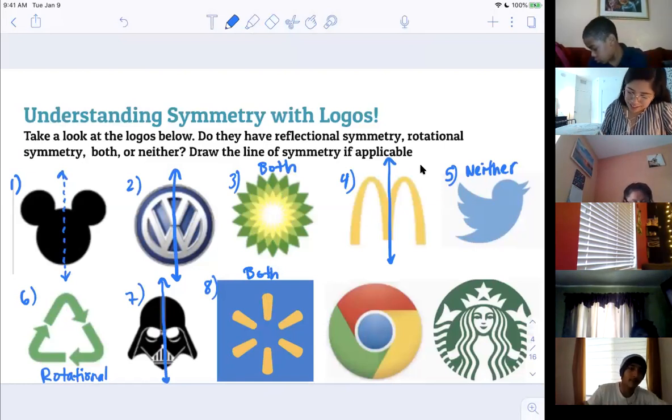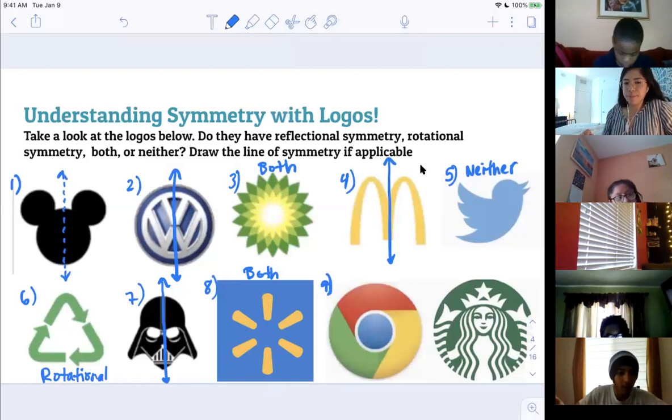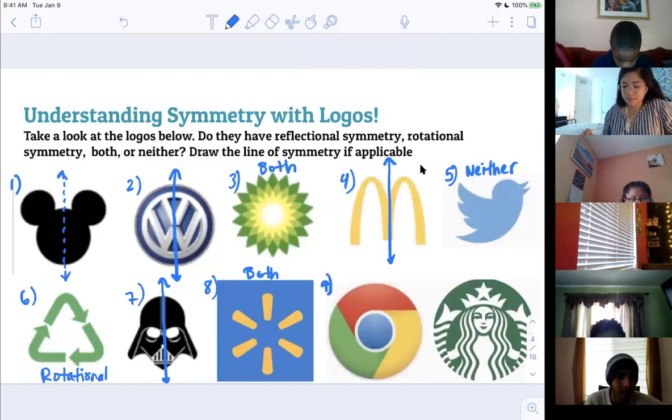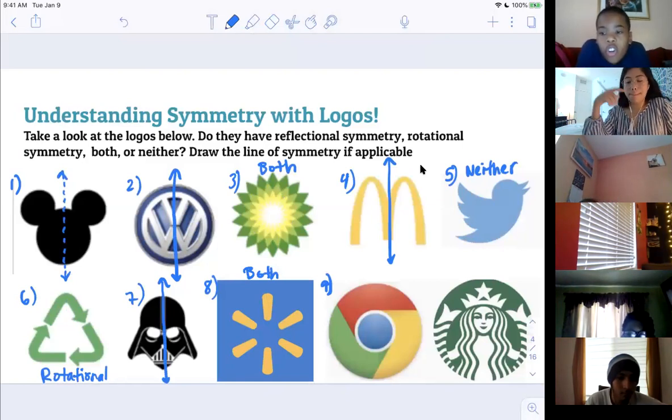Well, too bad. All right, number 9, shout it out. What kind do we have? Rotational, reflectional, both, neither? I think neither, because you want the colors to be in the same spot. Okay, so the colors throw you off. What if it was just black and white? What if they were all the same color? Then it would be reflectional. I mean, it would be both. Would it be both?